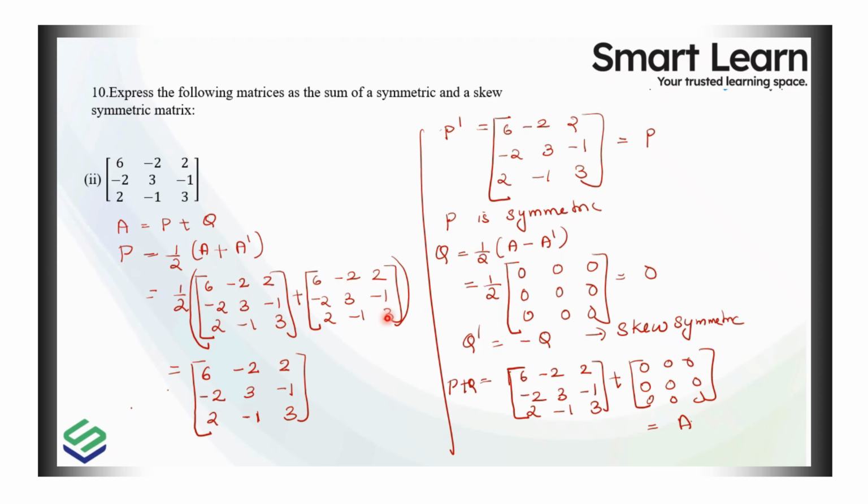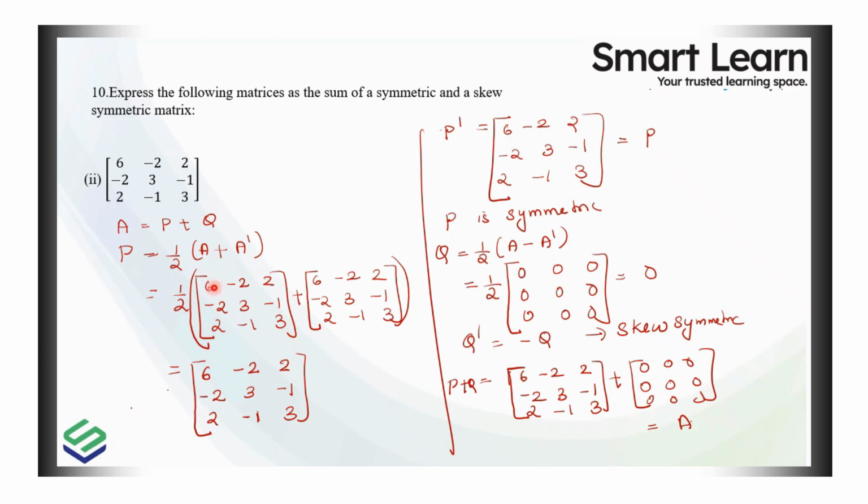So I interchange this. Then when you add this and divide by 2 you will get a matrix like this. Then you have to take the transpose of P. You will get the same matrix as P. That means if P dash is equal to P, then you can say P is symmetric. Then Q is equal to half into A minus A transpose.